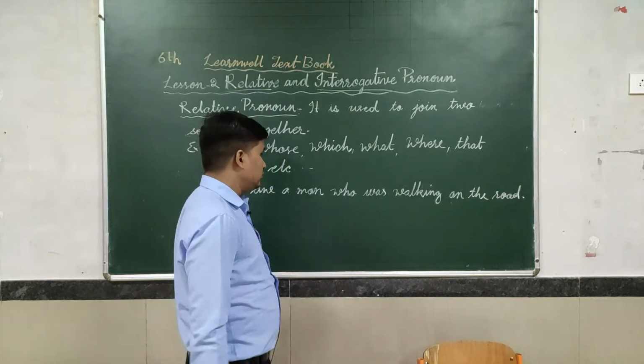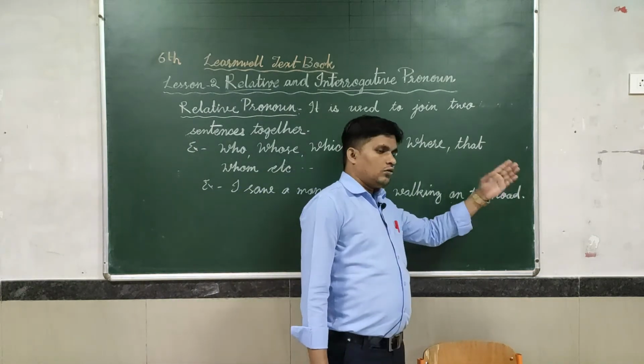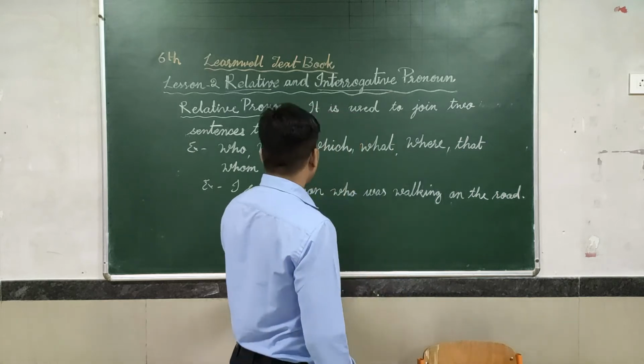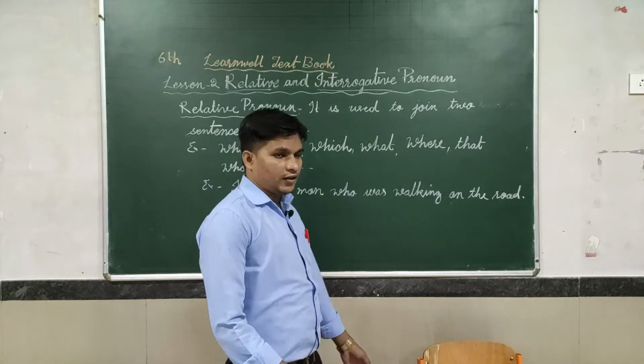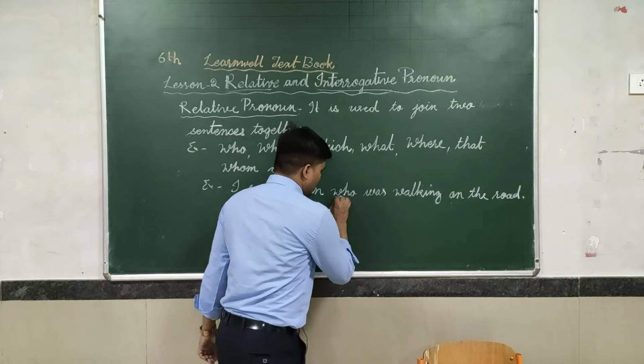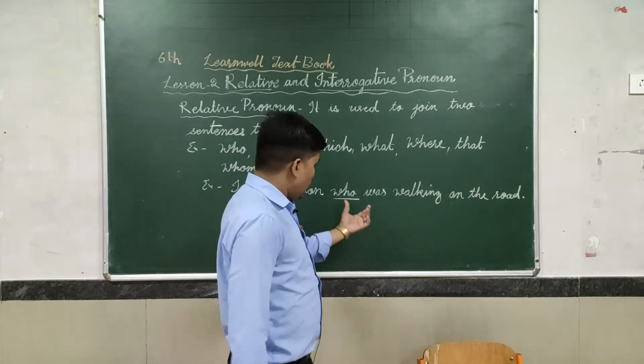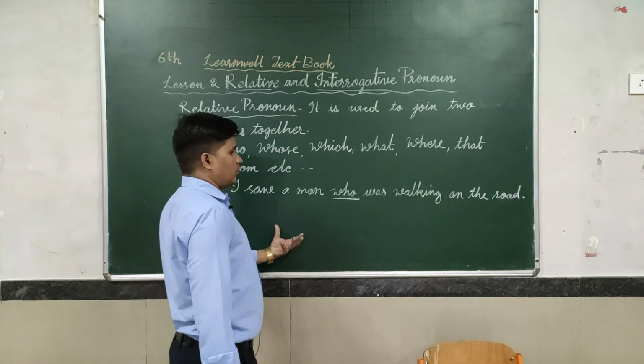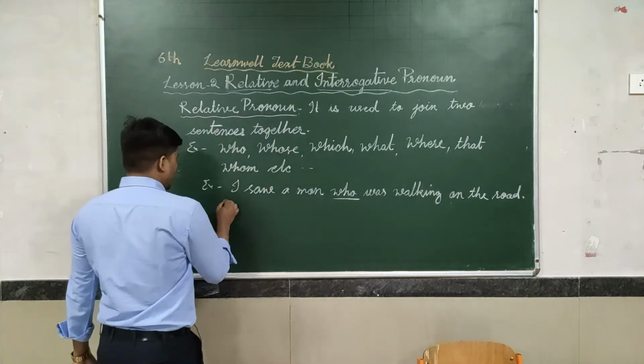I saw a man. Someone was walking on the road. Whenever making two sentences combined together, we have used who. Okay, so this is the second sentence.